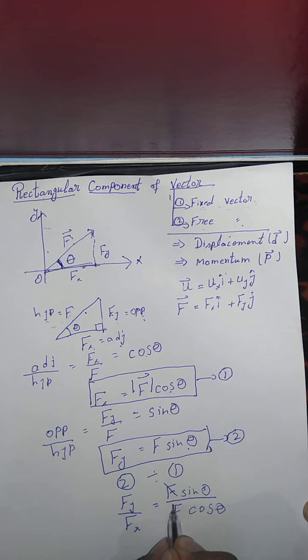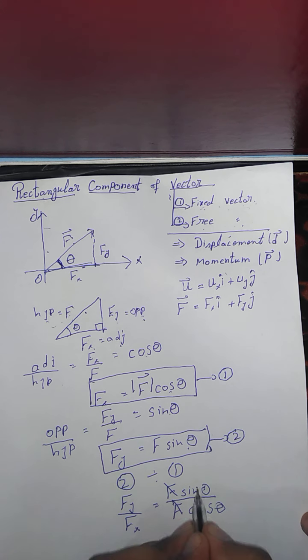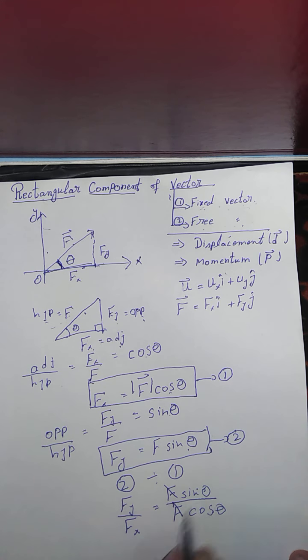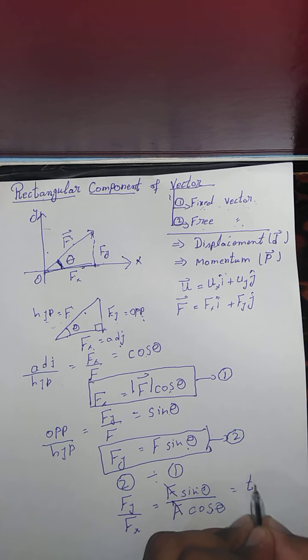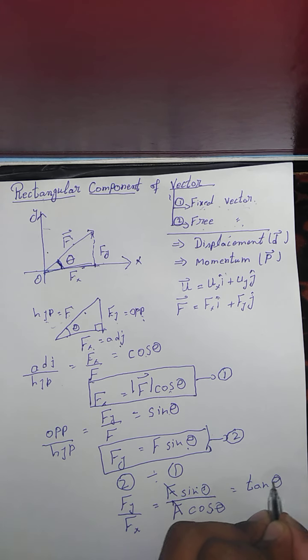F cancels out with F. Sine theta over cos theta, we know that this ratio is equal to tangent theta.